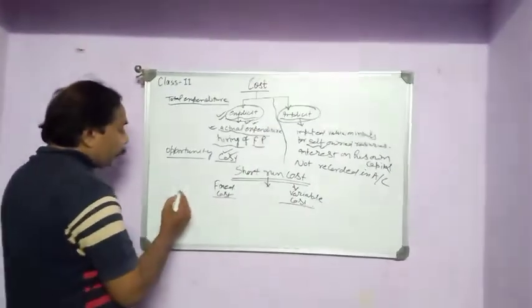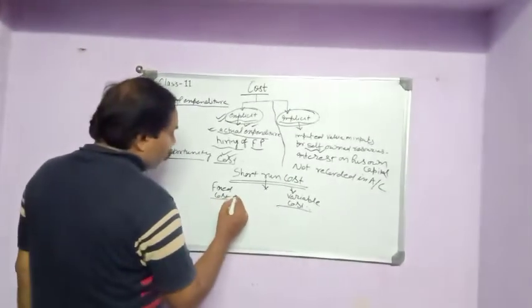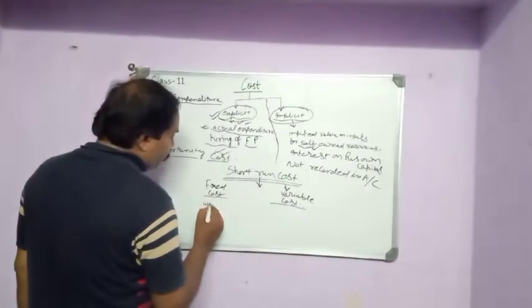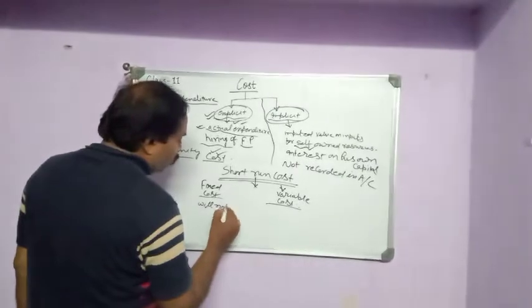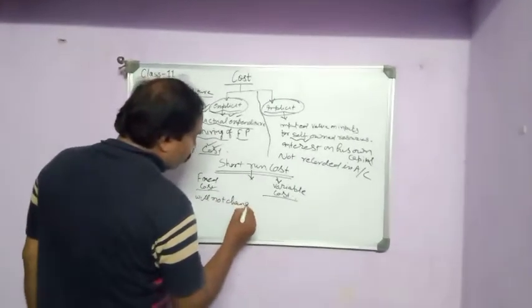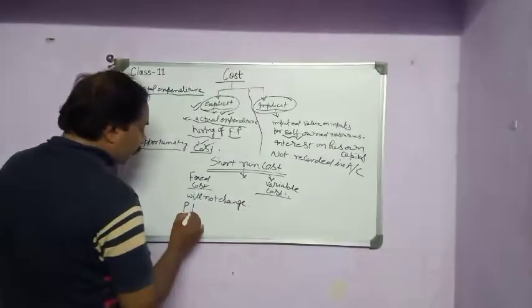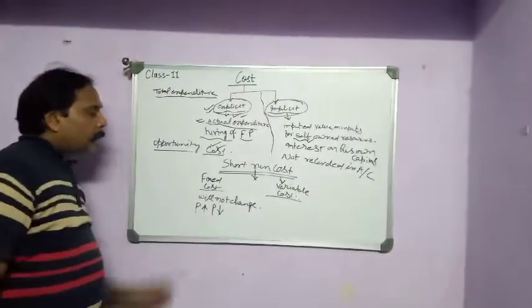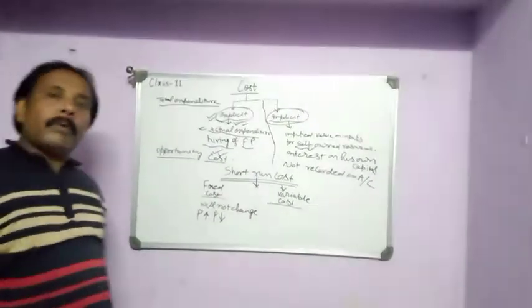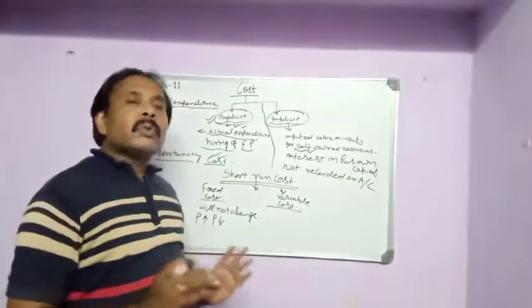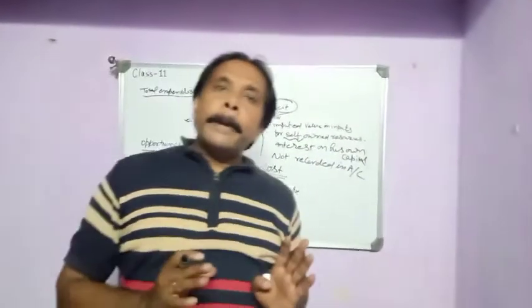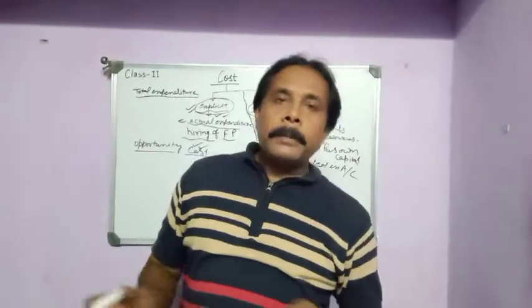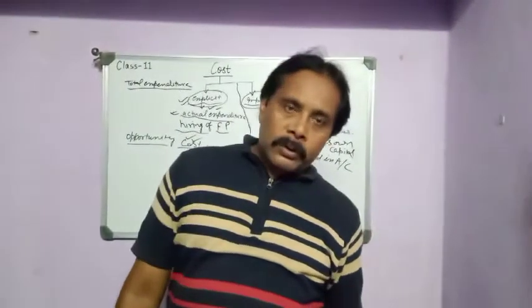So here cost will not change as production is increasing or decreasing. That is known as fixed cost. For example, the insurance charge of a company will come under the fixed cost.